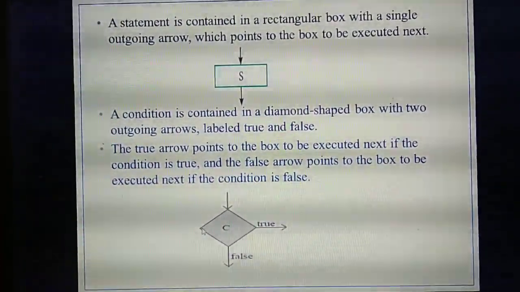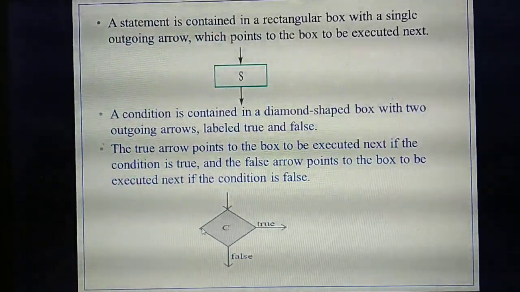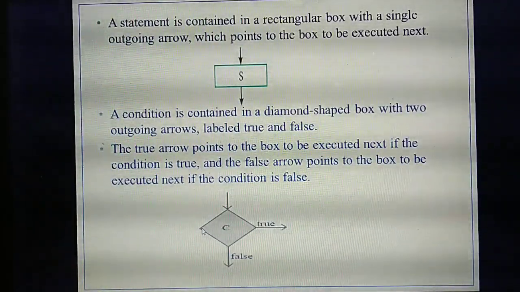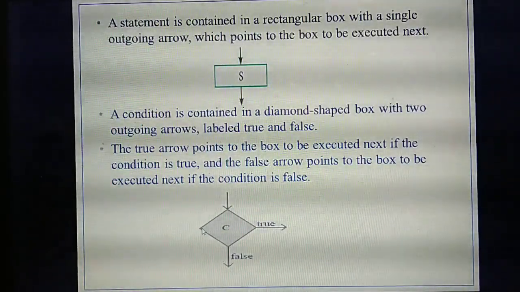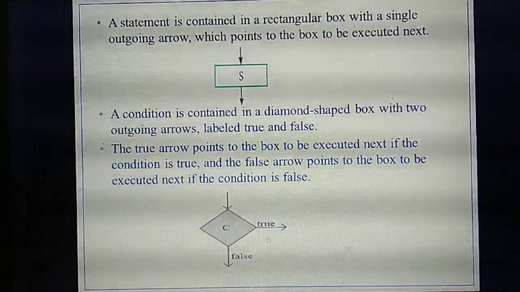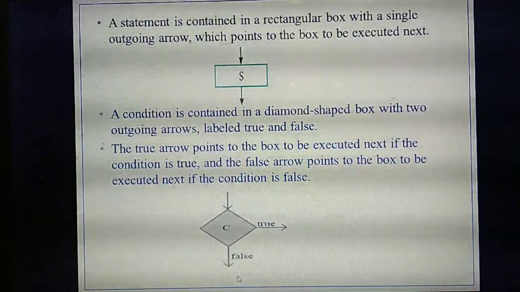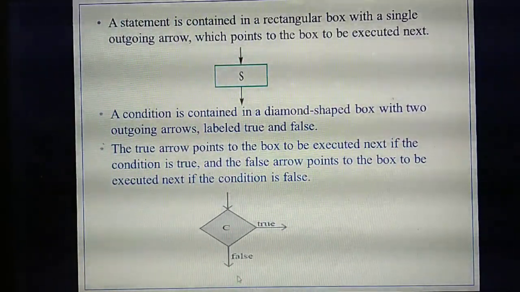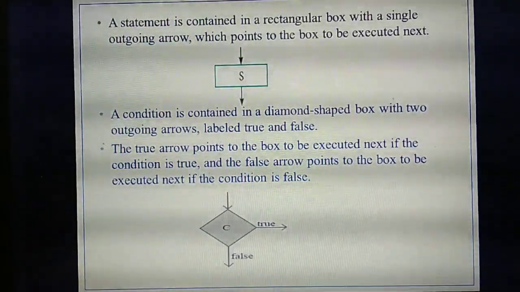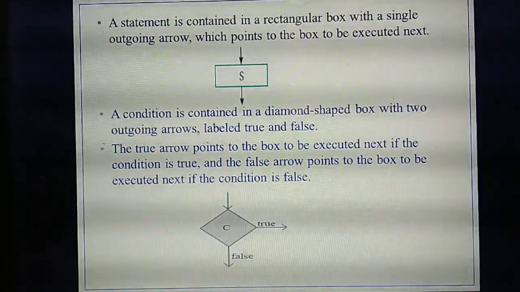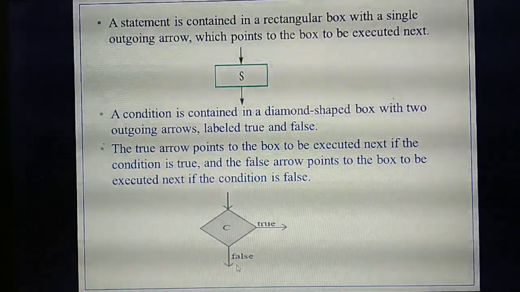This diamond shaped box has two outgoing arrows. How many outgoing arrows will be there for a diamond shaped box? Two. See, here one outgoing arrow is there, down also one outgoing arrow is there. Each outgoing arrow will be labeled: one arrow will be labeled as true and the next arrow will be labeled as false.